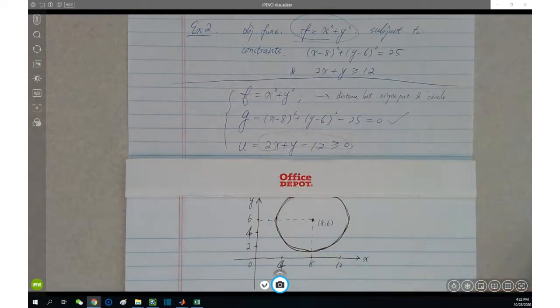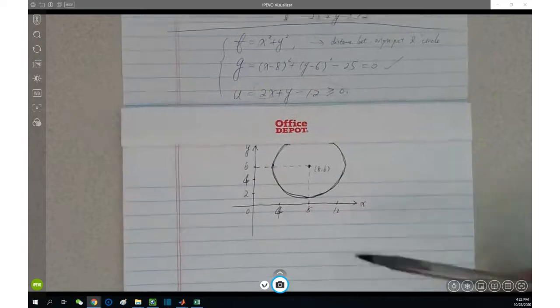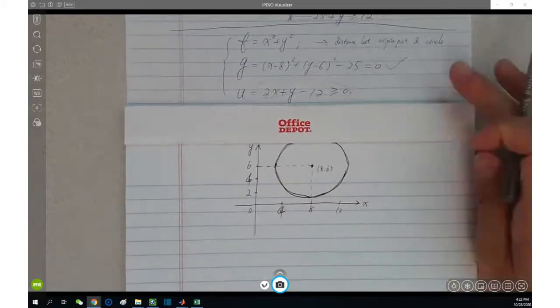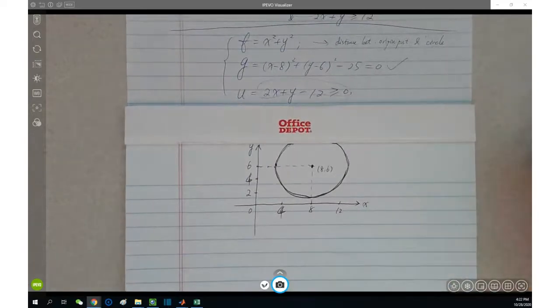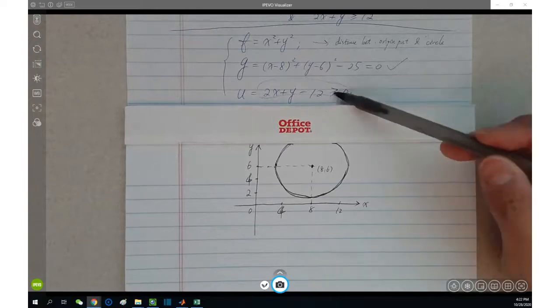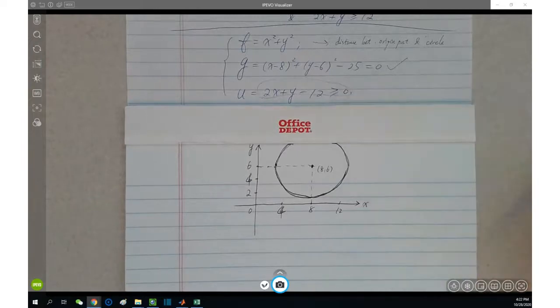Anyone can tell what this inequality constraint is? For this circle on the x-axis, is that supposed to be 3? Or isn't the radius 5? Yeah, it's 5.